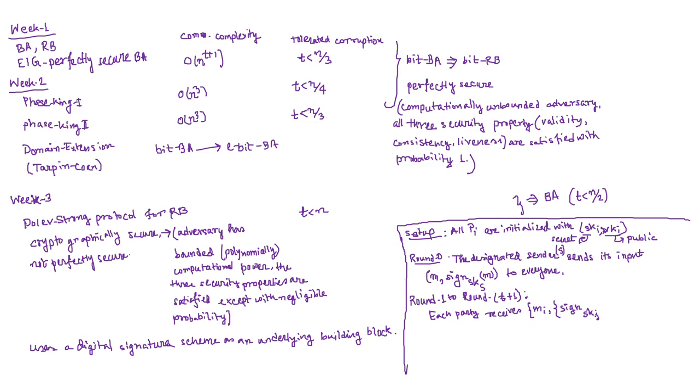If skj denotes the signing key of party pj, then mi is signed by several parties. So it may happen that the message mi has been received from party p1, let's say. Some party pi is receiving a message m1 with corresponding signatures.